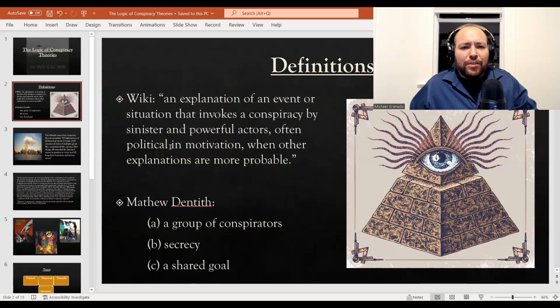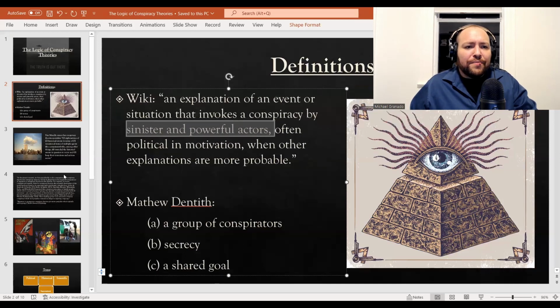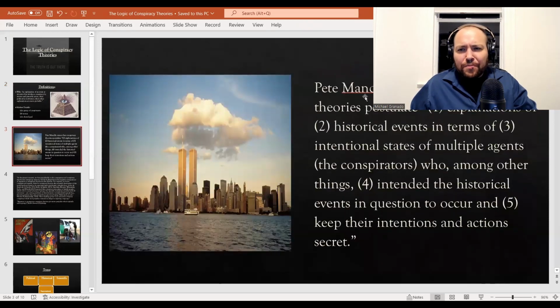That's kind of captured in that Wikipedia definition there: sinister and powerful actors. But let's get a more concise definition of a conspiracy theory here.